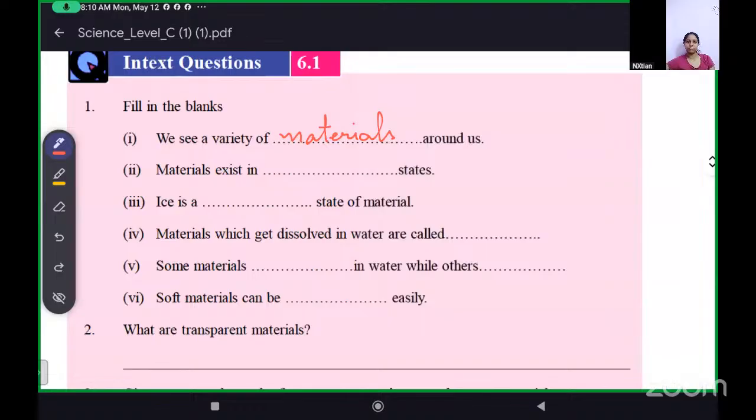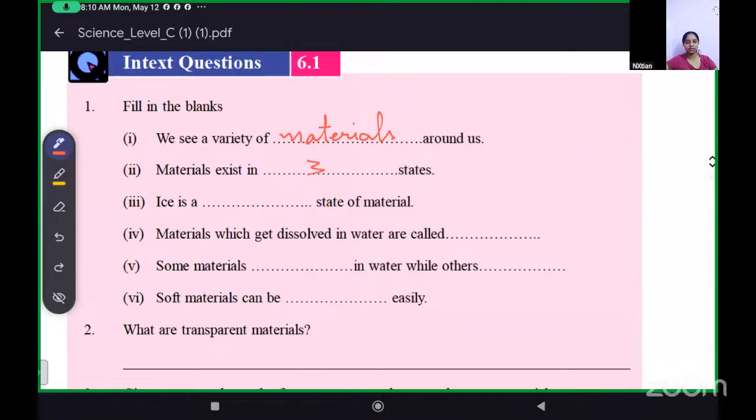Materials states. Yes, I was not able to catch that. Three states, okay? Ma'am, the answer is three. Yes, three. Third one, ice is a dash state of material.